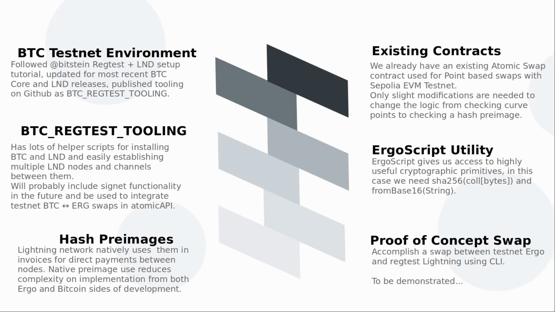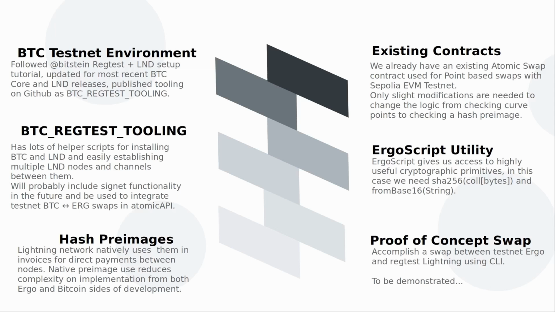So, we established our Bitcoin testnet environment by following a tutorial by a guy named Bitstein. We updated the instructions in the tutorial and saved the updates in a GitHub called Bitcoin Reg Test Tooling, so it's all updated for the latest releases for Bitcoin and Lightning.